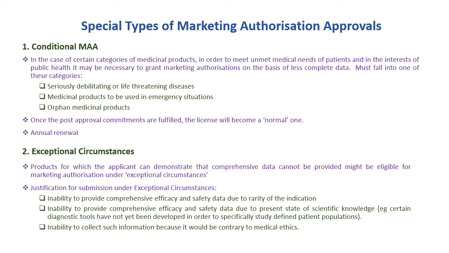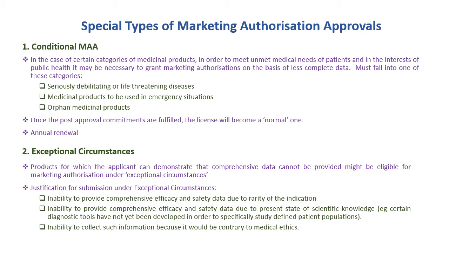Moving on, there are two different special types of marketing authorization approvals. First is a conditional marketing authorization. In the case of certain categories like medicinal products, in order to meet unmet medical needs of patients and in the interest of public health, it may be necessary to grant marketing authorization on the basis of less complete data.